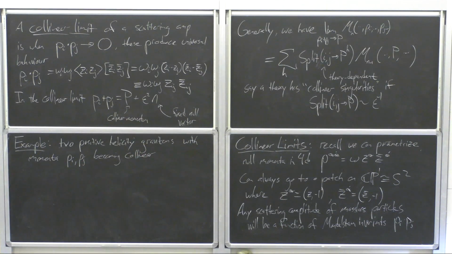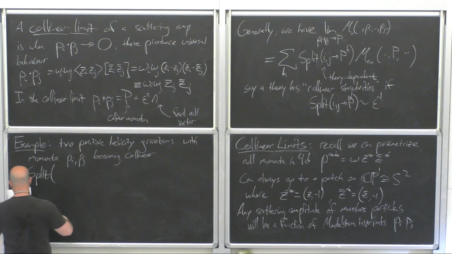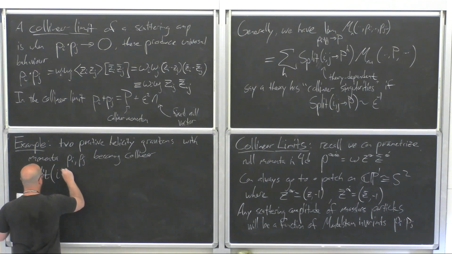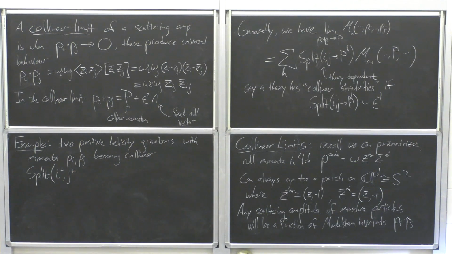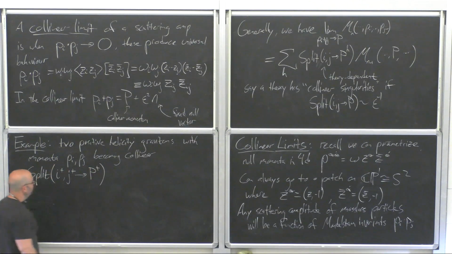Then it's been shown that the only splitting function you get, and I'll put this superscript plus to remind us that they were positive helicity, is when their collinear limit produces another positive helicity graviton, so I have plus plus into plus.